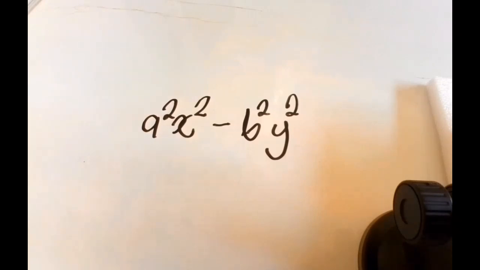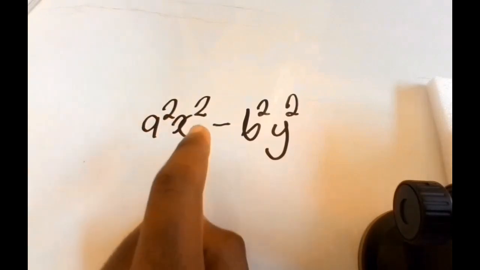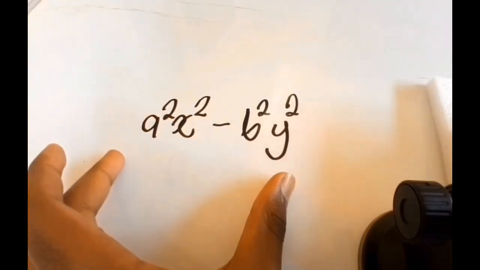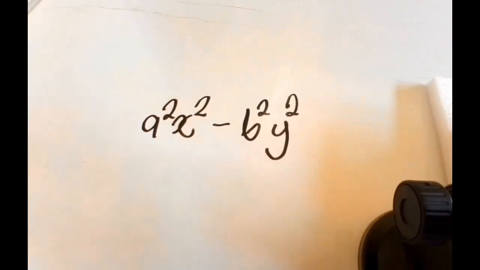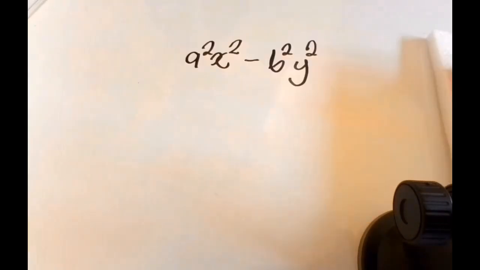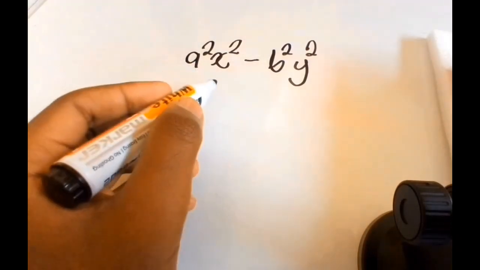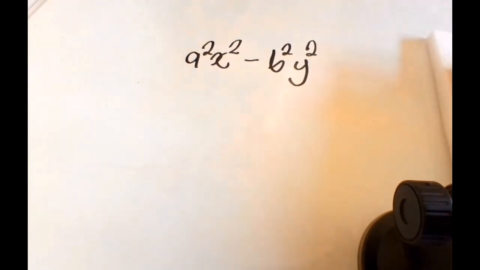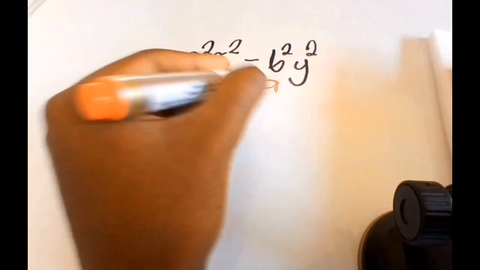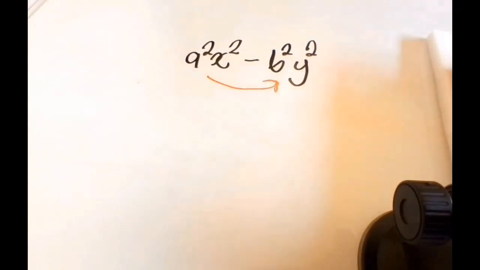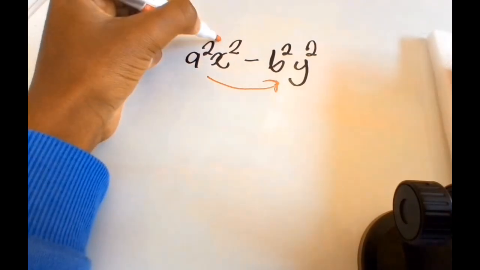When we have such an expression, we have to consider first if it has a minus sign and if both terms can be squared. Then we use difference of two squares. The first way of factorizing this expression, we can just multiply the two to get the product. When multiplying, we should make sure we don't focus on the powers.